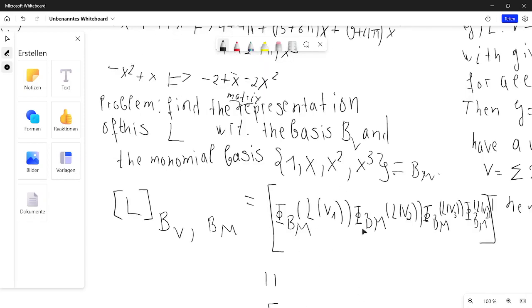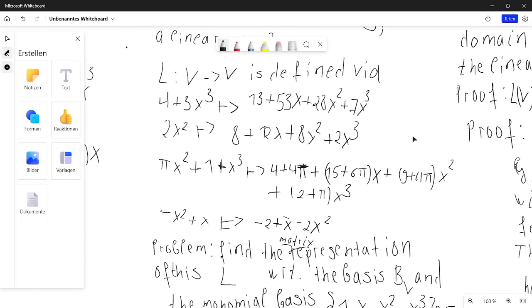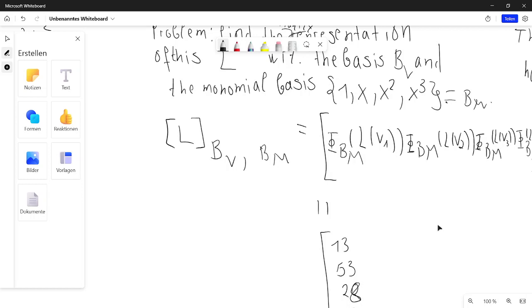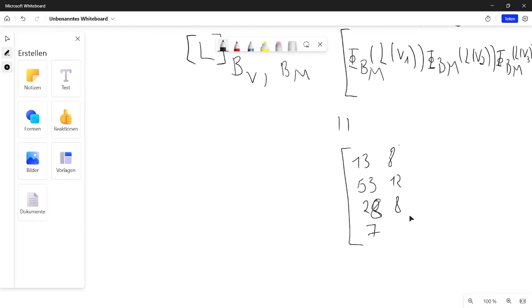Then we have the second one: 8, 12, 8, 2.